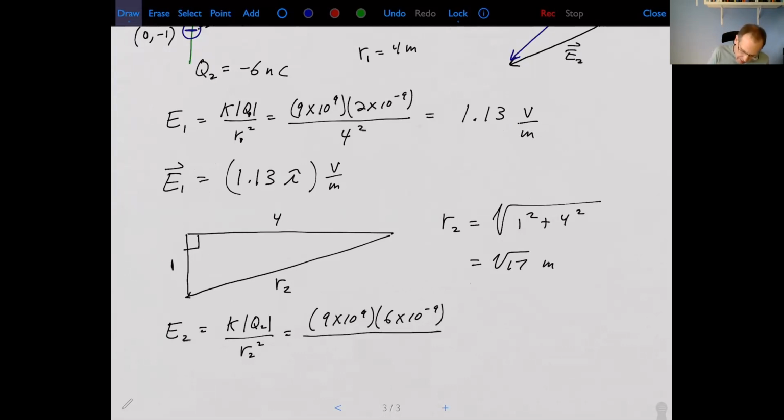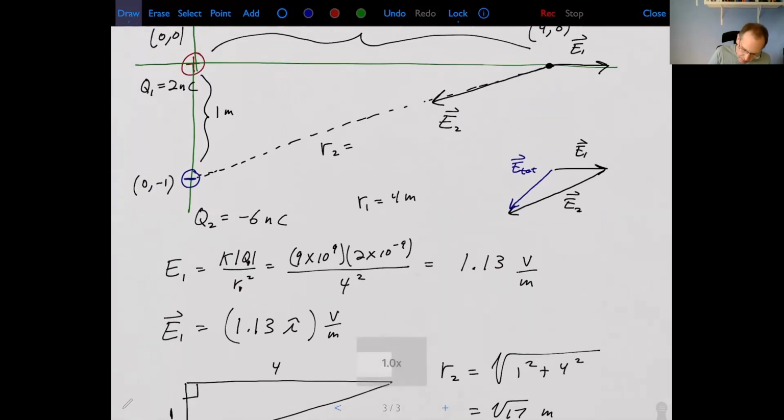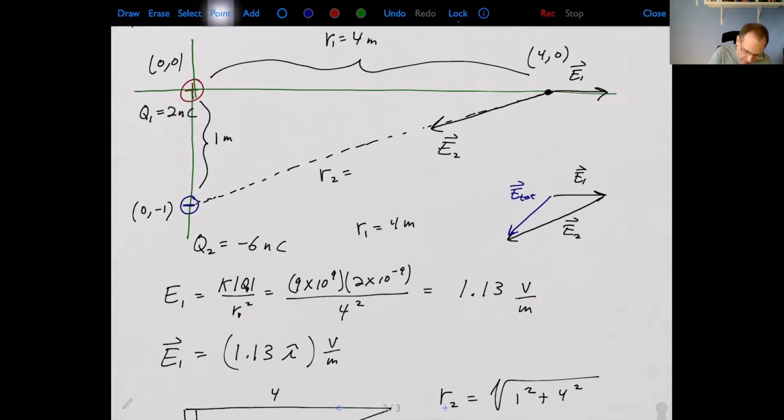And then divided by the square root of 17 squared, which of course is just 17. If you work this out, you're going to find this is around 3.18 volts per meter. So that's the magnitude of E2, the length of that particular vector. Now we need to figure out the direction. So really we need to figure out this angle here.